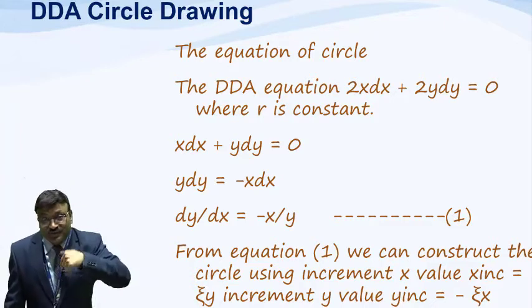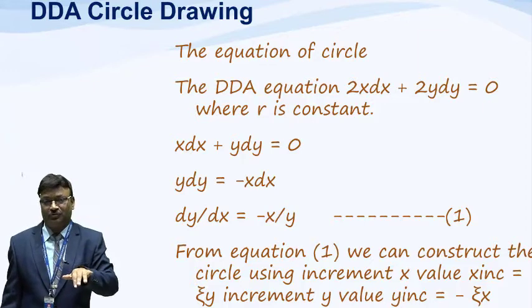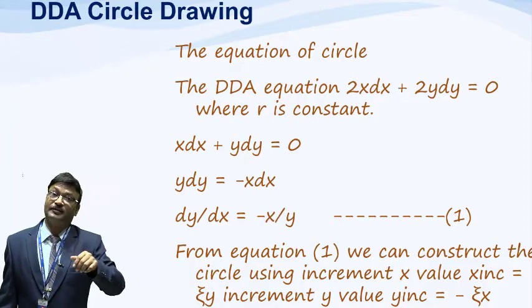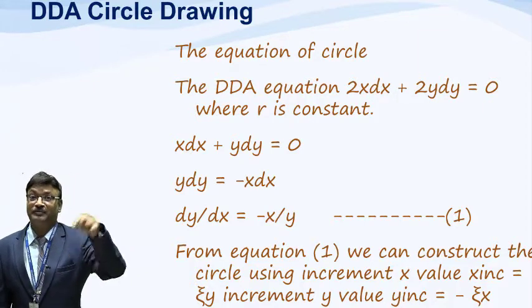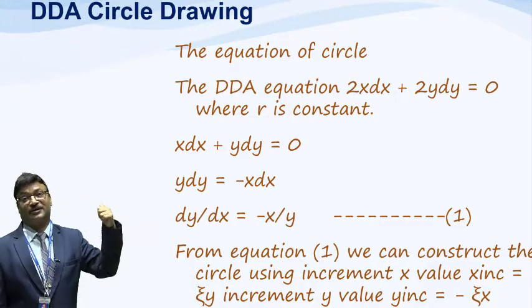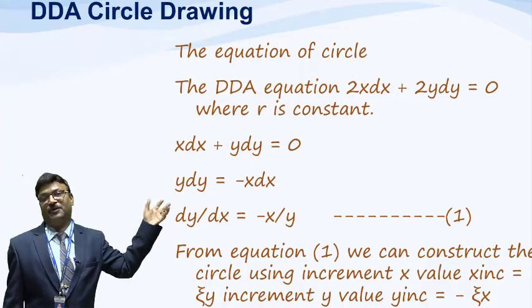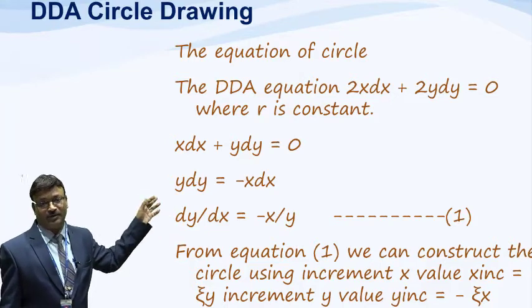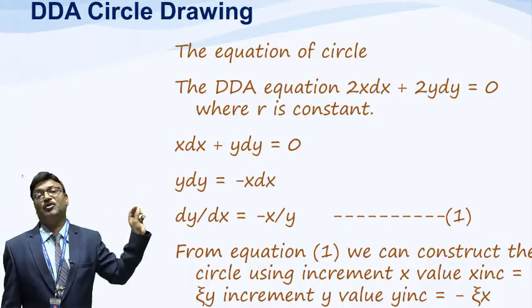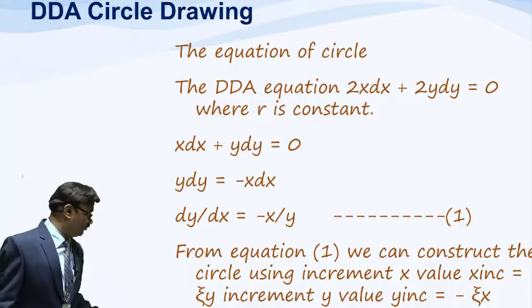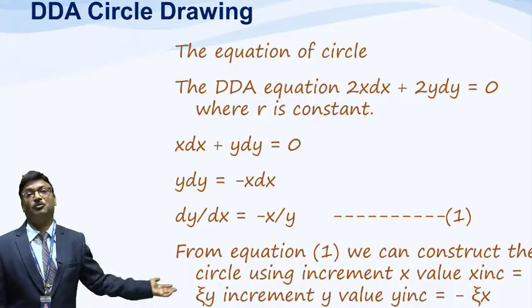Now this equation I have to use to calculate the x increment and y increment in my circle. So what is the value of x increment? The epsilon value you have to add here.